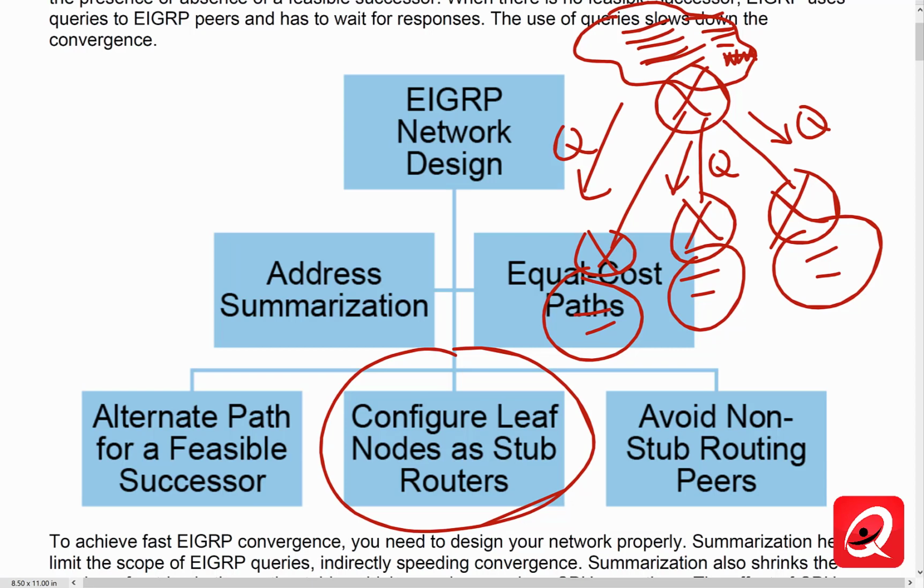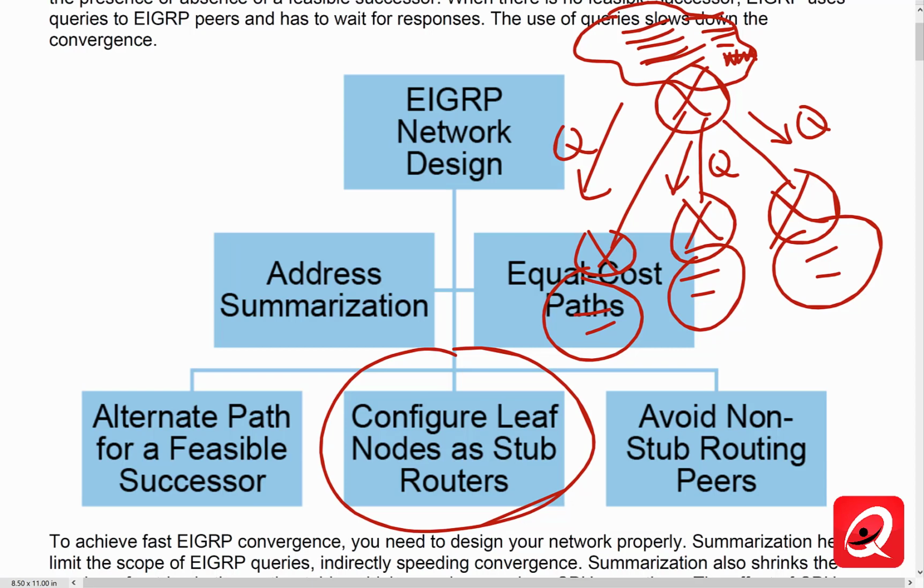Whenever there's no feasible successor, I send a query. But there's no reason for HQ to query the branch routers for prefixes that the HQ router originates, or at least, that these branch routers have to go through HQ to get to those prefixes. So this is a design scenario where you'd say, let's go ahead and set up those branch routers as stub routers, because stub routers don't get queried.